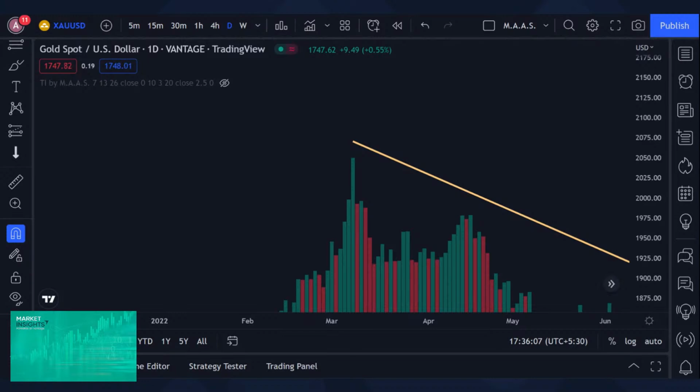We also saw a very crucial concept which is called the golden ratio.